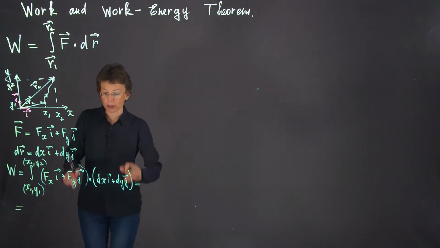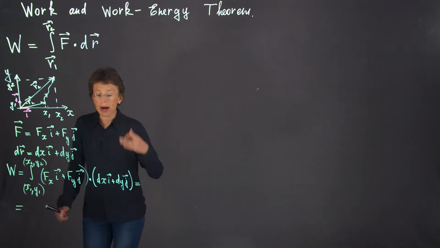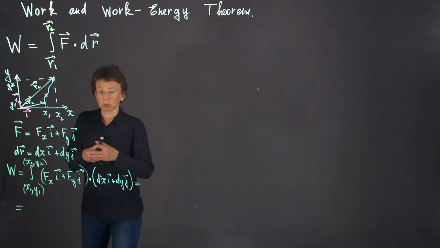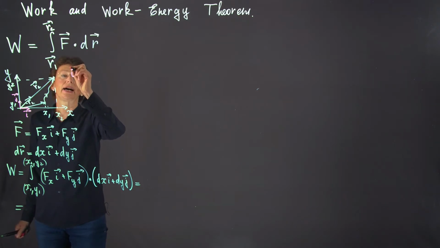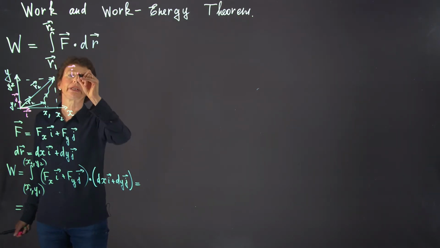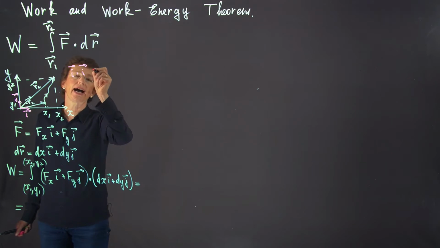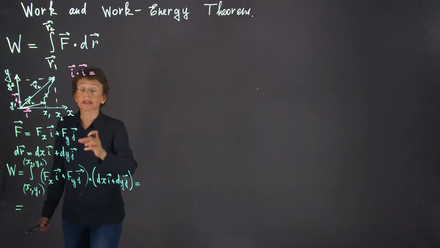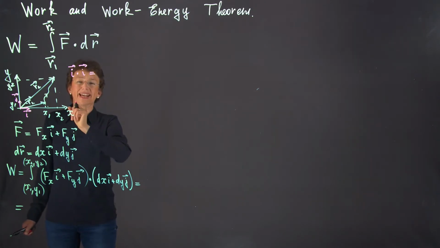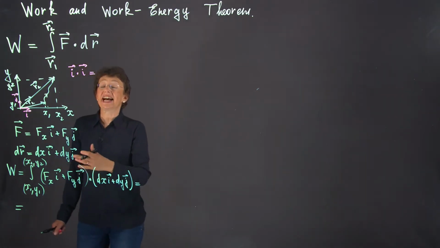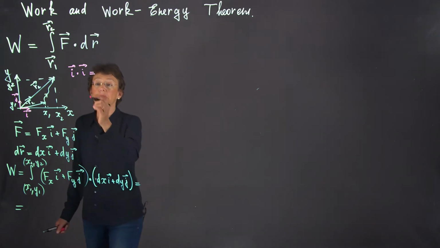But before we start doing this, let's remind ourselves, what is the dot product? If I have two unit vectors, i and i, what is the dot product i dot i? Remember, the dot product is the magnitude of the first one, 1, times the magnitude of the second one, again 1, times the cosine of the angle between them.